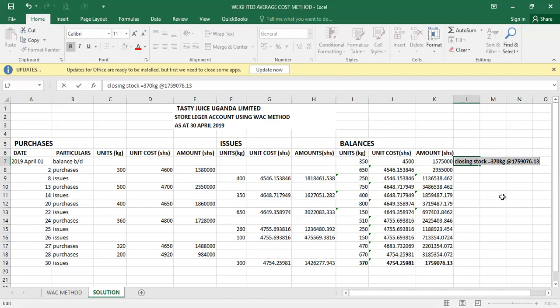That's how it is. Here there is no proof because this amount is valued at this. When you multiply this times this, you must get this. So there is no proof.